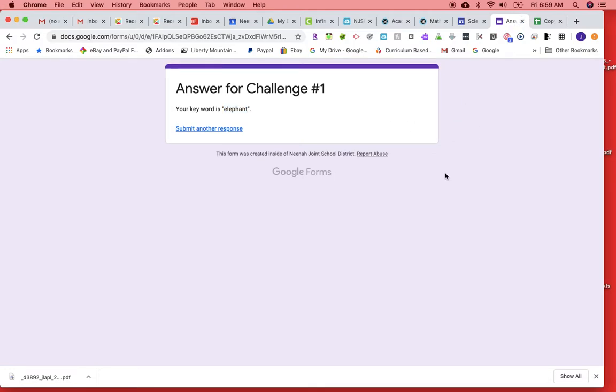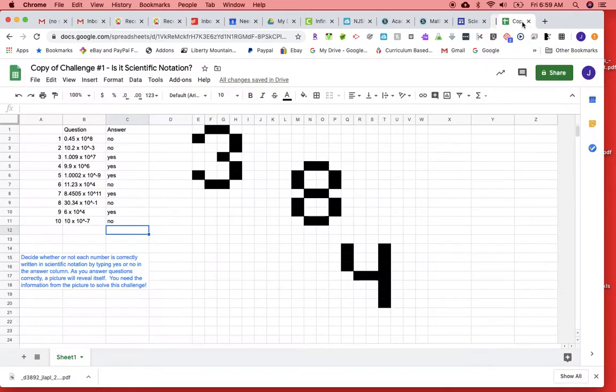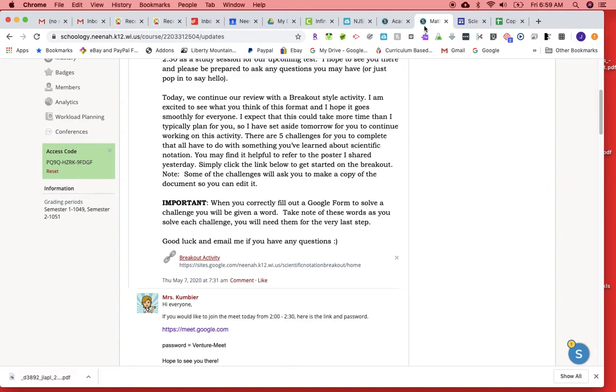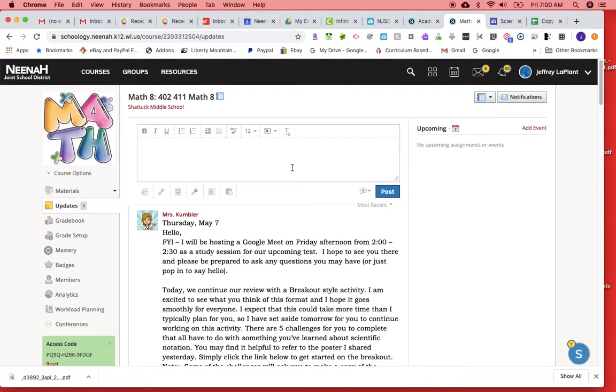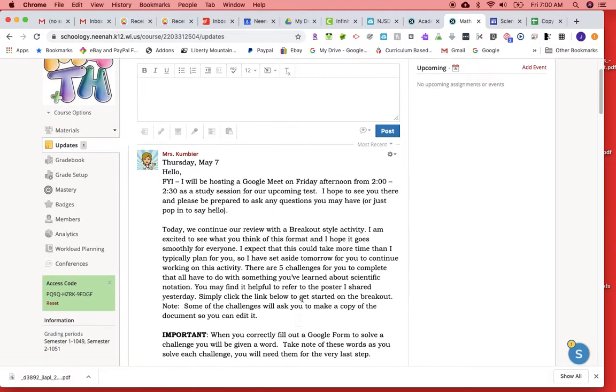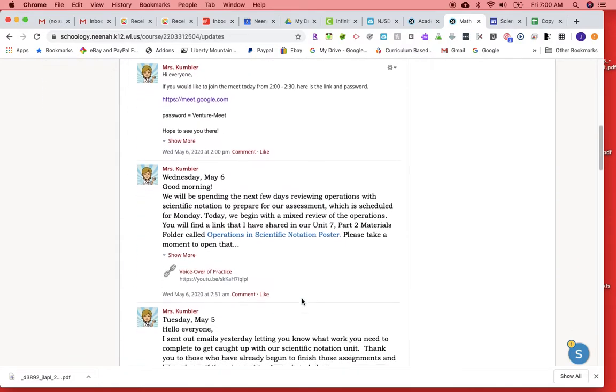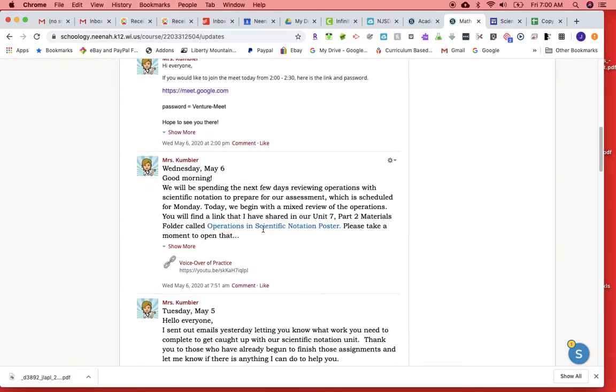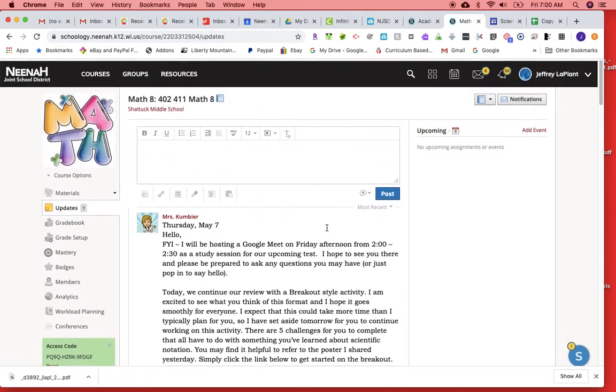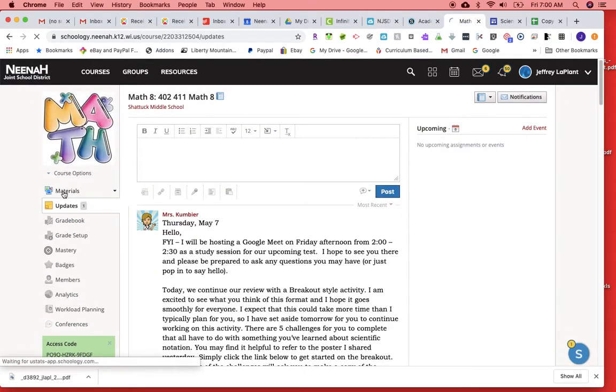So we can close this one out. So what I'm referring to, that poster. I want to show you different things from, if you're in Miss Cumber's class, that poster, the poster is actually called the Operations in Scientific Notation poster. And so it's under materials.